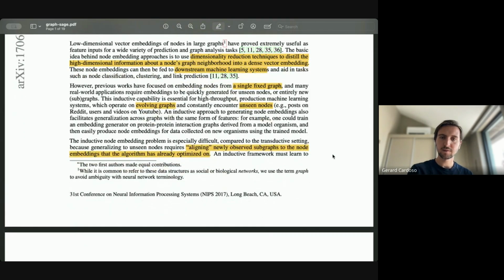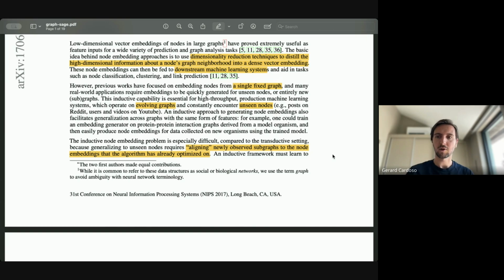But as I mentioned, the reality in life is that probably most graphs are evolving. When we think about social interactions, Reddit posts, or new proteins that we're investigating, or funnily enough, the reason I came across this paper was because I saw that NatWest's AI team used it for fraud detection.